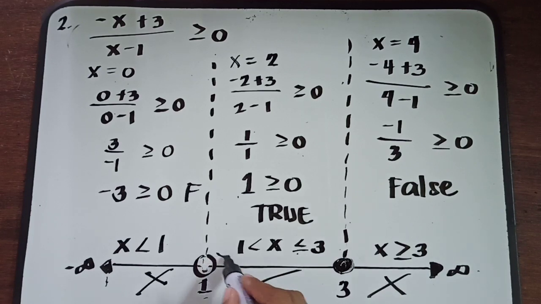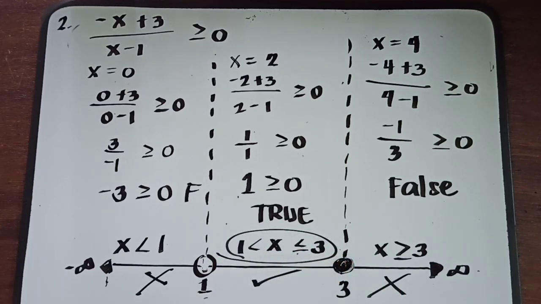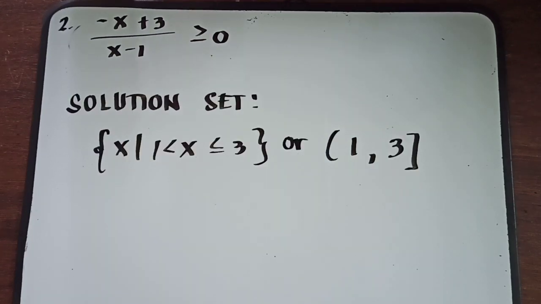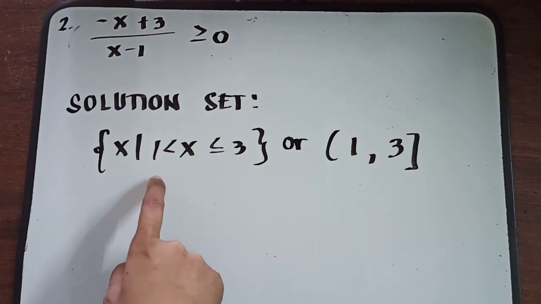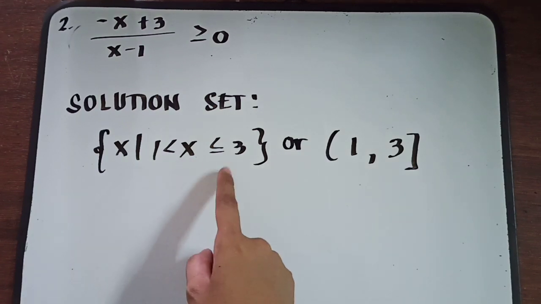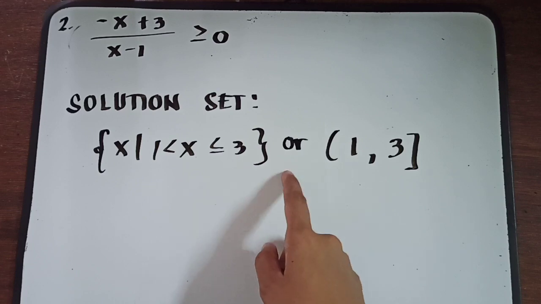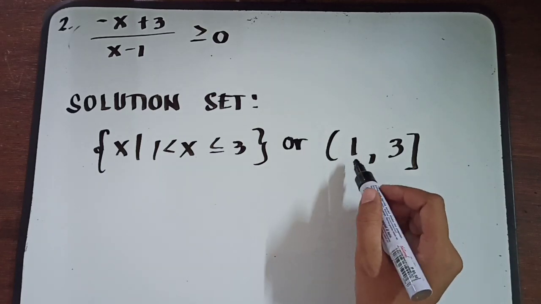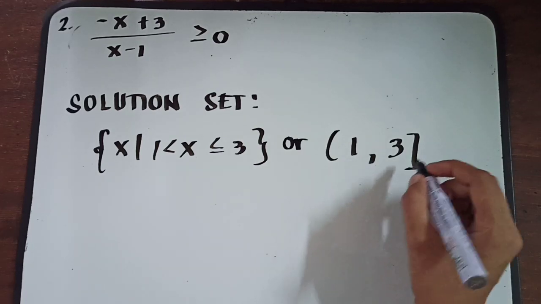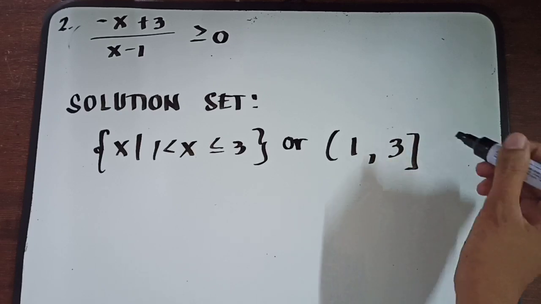So, ano lang ang nag-satisfy? X is greater than 1 but less than or equal to 3. Okay, so therefore, the solution set is x such that x is greater than 1 but less than or equal to 3, or from 1 to 3 and included si 3.